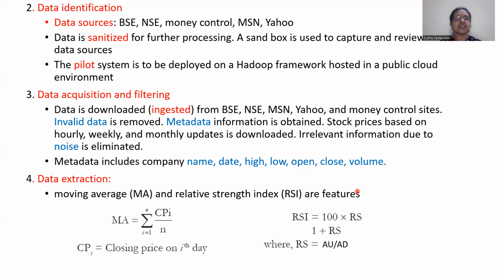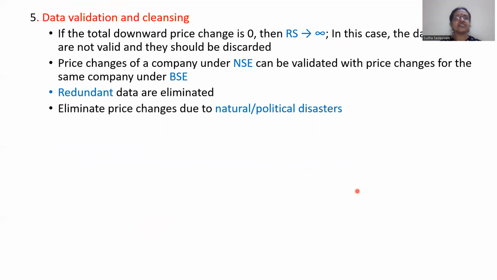Once the data is extracted, the next feature is we have to validate and clean the data. Some of the validation techniques include, if the denominator of this RS, that is, there is no downward price changes, RS becomes infinity. So in that case, we have to either include another month's data or we have to discard that particular data.